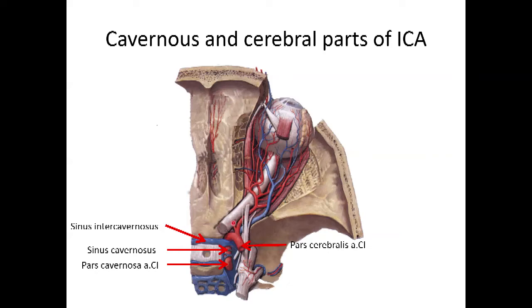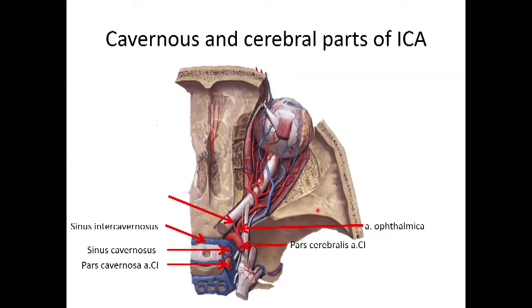And from pars cerebralis, we can find Arteria ophthalmica, this large vessel, relatively large, about 2.5 millimeters in diameter, and it will supply the eyeball with numerous branches.